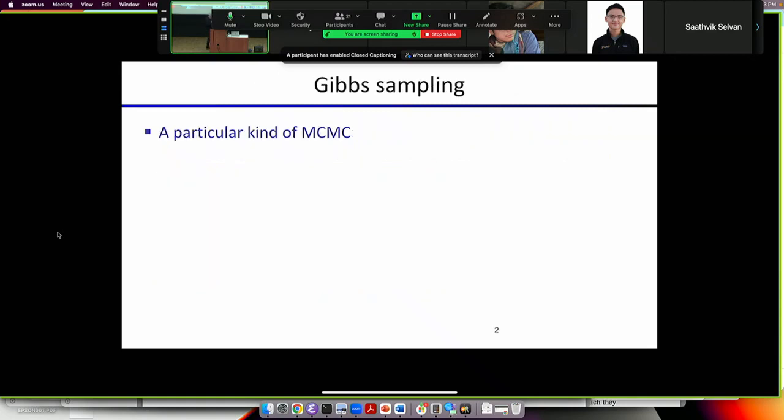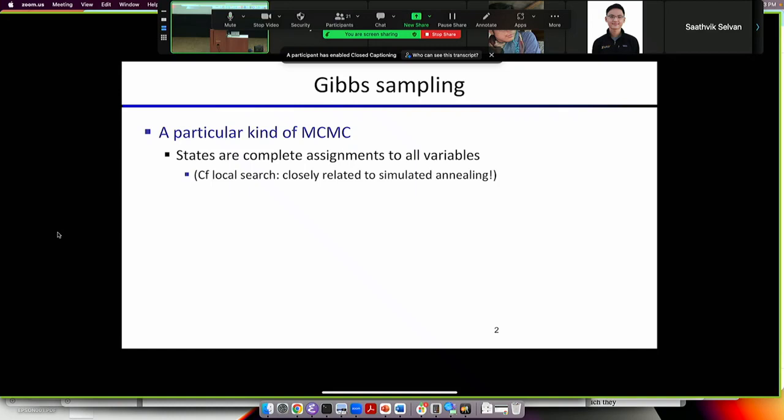So the particular version we're going to look at is called Gibbs sampling. And this is named after a statistical physicist who worked, I think, around 1900 or something like that. It's a particular kind of MCMC that works by basically sampling some subset of variables. Typically, in our case, we're just going to sample one variable, conditioned on the current values of all the other variables that define the state.